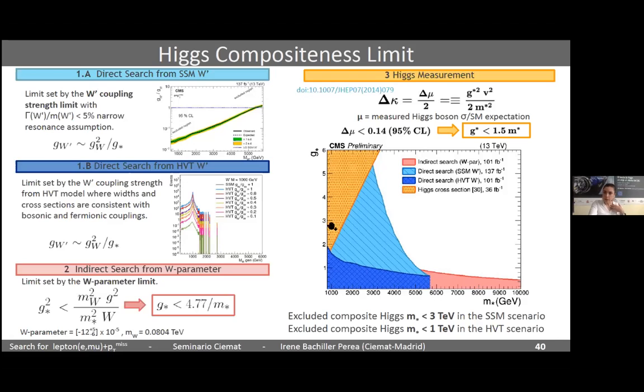And finally, we add this yellow region that is coming from Higgs measurements on the cross section of Higgs, and we constrain this area in yellow.